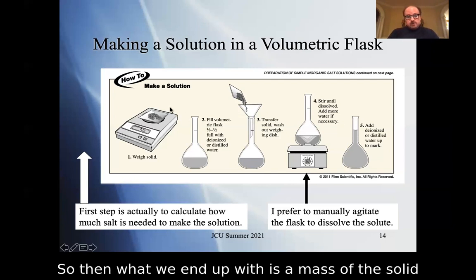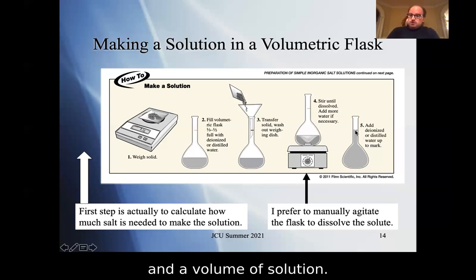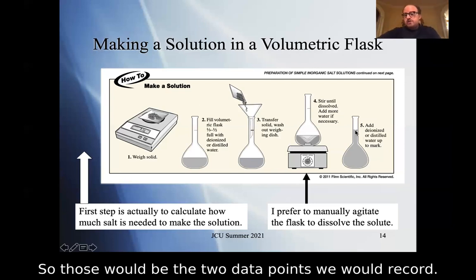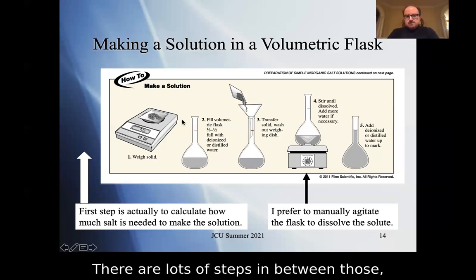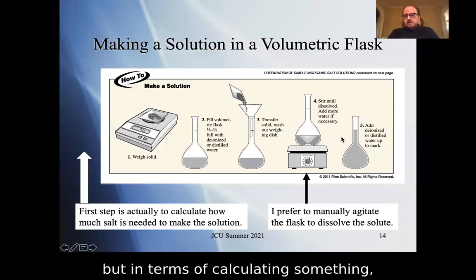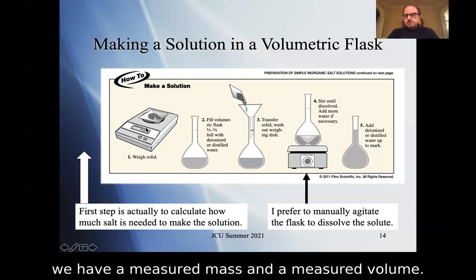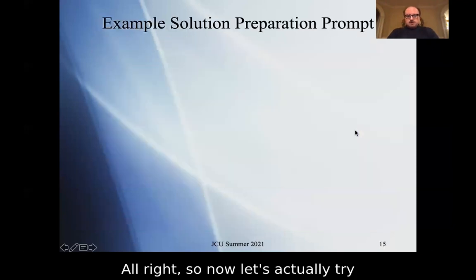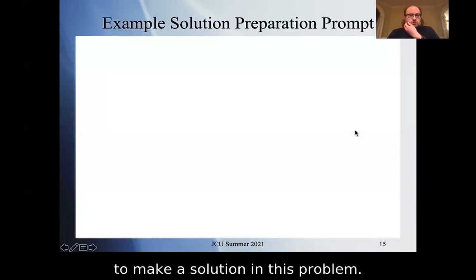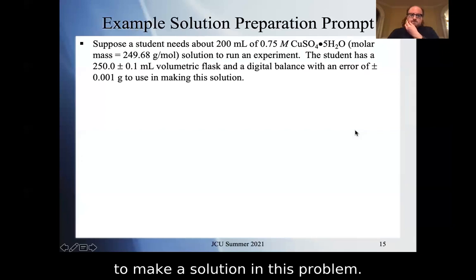So then what we end up with is a mass of the solid and a volume of solution, right? Those would be the two data points we would record. There are lots of steps in between, but in terms of calculating something, we have a measured mass and a measured volume. All right, so now let's actually try to make a solution in this problem.